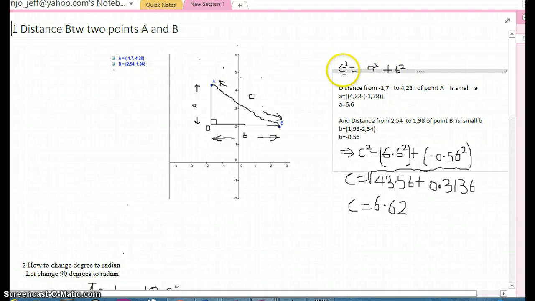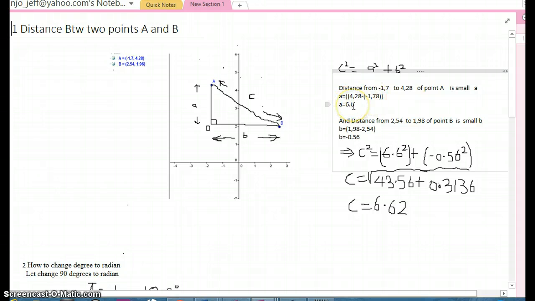Since we are calculating this longest side C, we are being given the coordinates of the points A and B. You look at it here, the coordinates of the points A and B. If we calculate the distance between the first point and the second point, and call it small a, the difference is just 4.28 minus the second point.